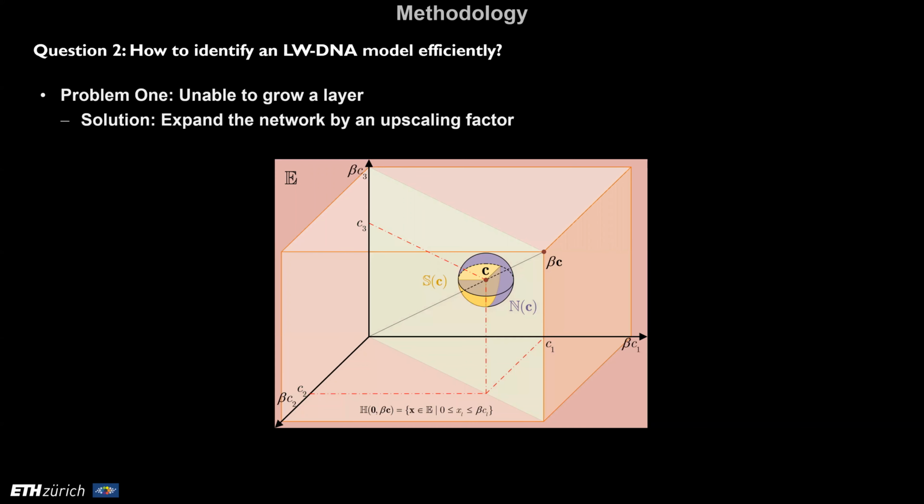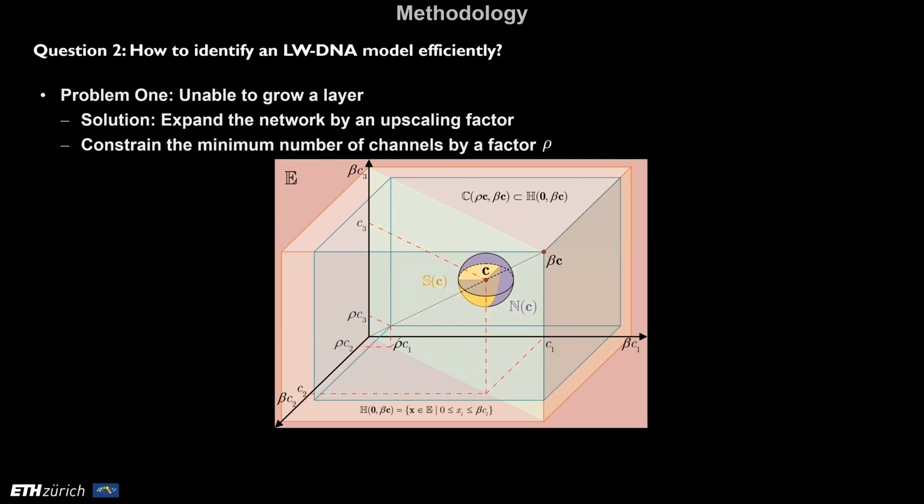So to solve this problem, we simply expand the width of the network by an upscaling factor. And in this way, we can extend the feasible solution space to a larger one. And we also constrain the minimum number of channels by a factor rho.